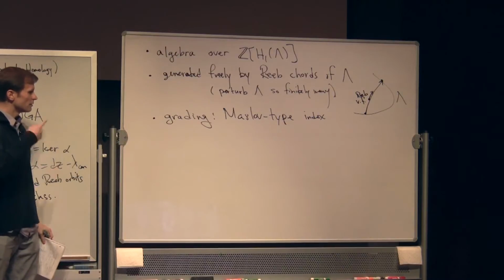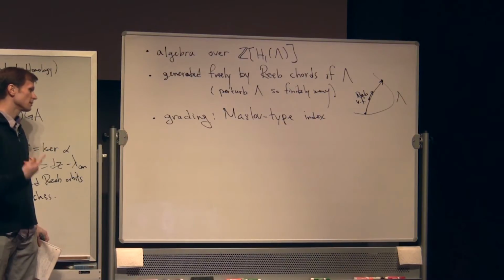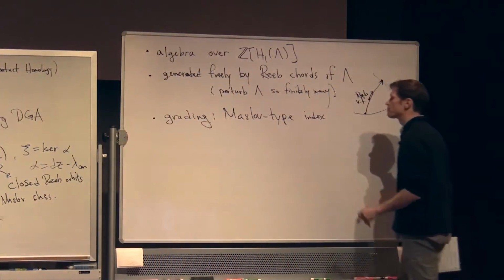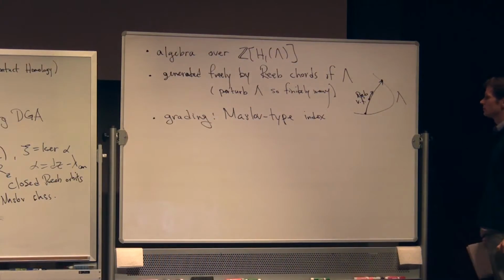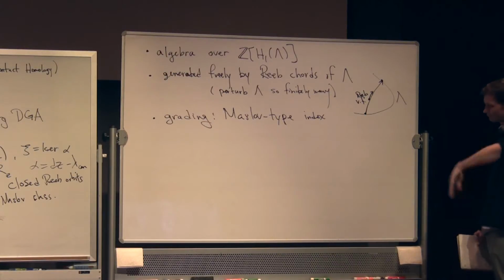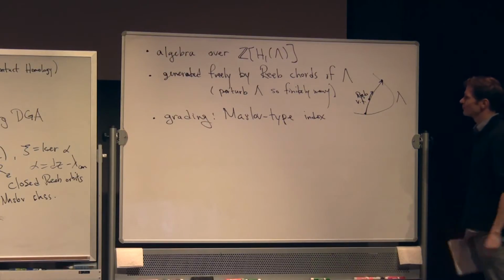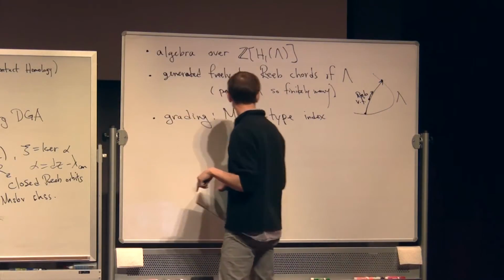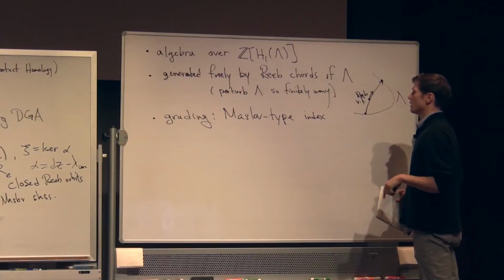This ends up being the Maslov index of some loop of Lagrangians in an appropriate complex tangent space, in an appropriate trivialization. So you're looking at a map from Cn to Cn.